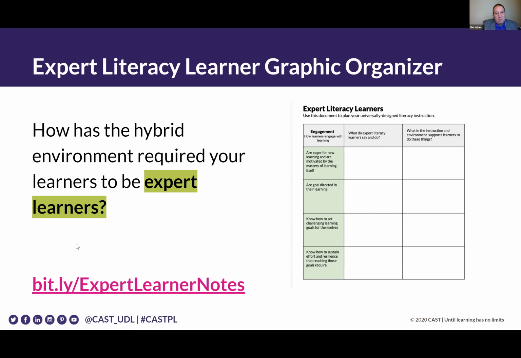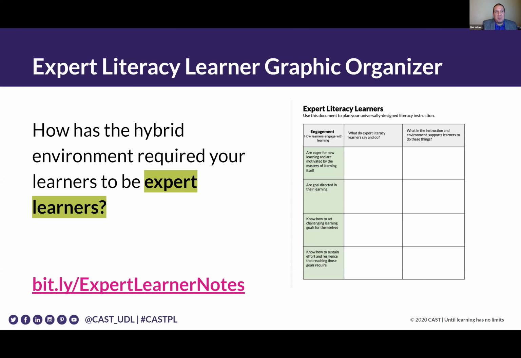We want you to think about, how has the hybrid environment required your learners to be expert learners? You'll have the graphic organizer up that you can look through, and I'll also post the descriptions on a slide. Our learning environment has drastically changed, and we now require our students to be expert learners in a way that they never had to independently.